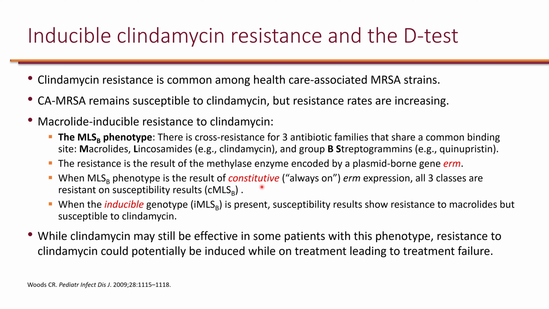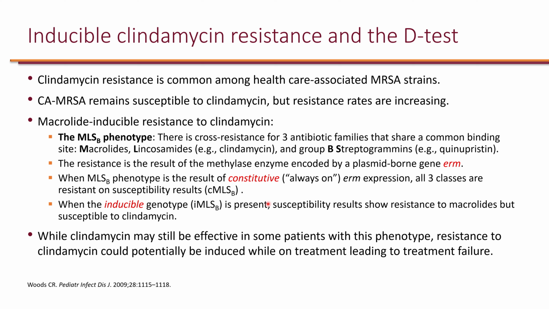So we call that constitutive expression of the gene. So if it's always on, when you get your susceptibility results back, you will see that Staphylococcus aureus is resistant to erythromycin and clindamycin, and of course, quinupristin, which we don't really test since we don't use it clinically due to a lot of adverse effects.